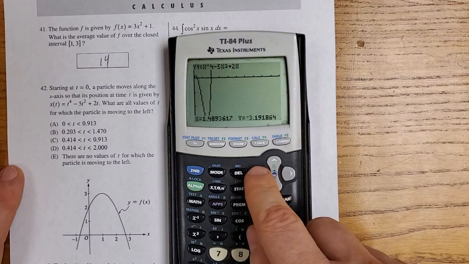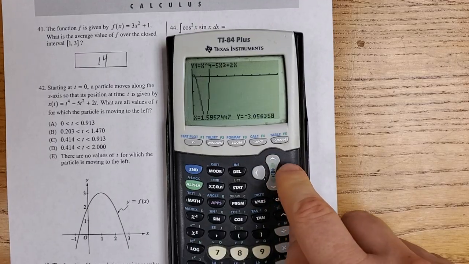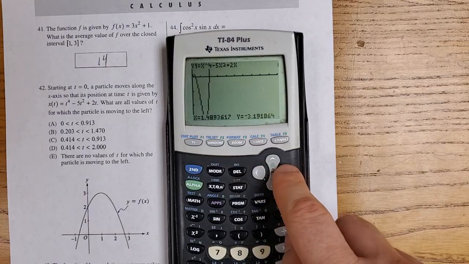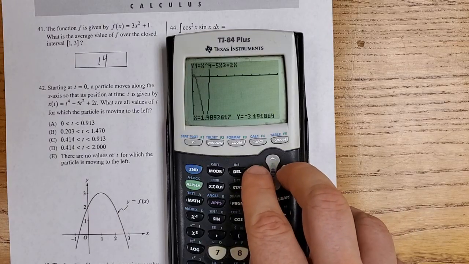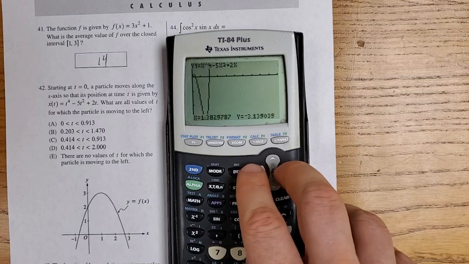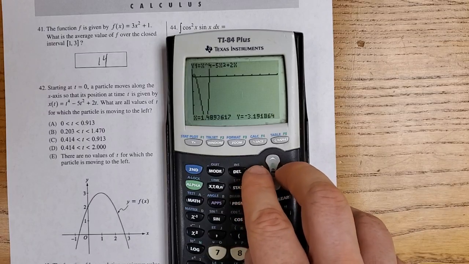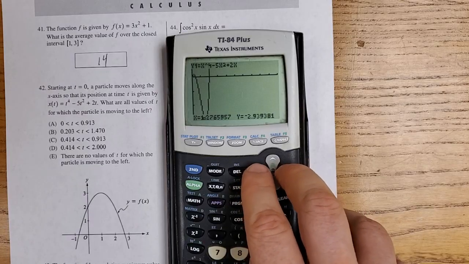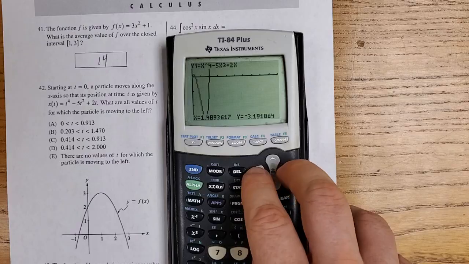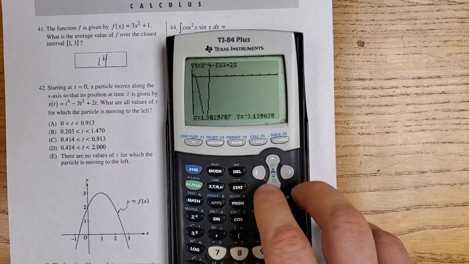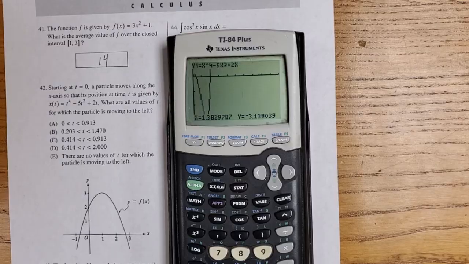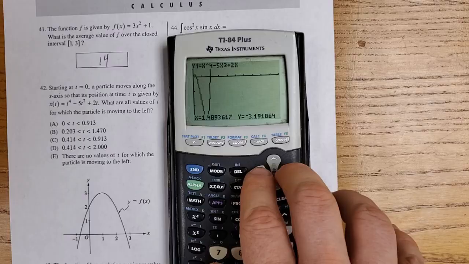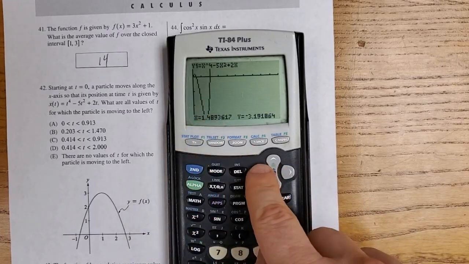So if we look, where is the lowest x value, where it's about the lowest it goes? It's about 1.3 or so? Yeah, somewhere around 1.3, 1.4 is the bottom of that.